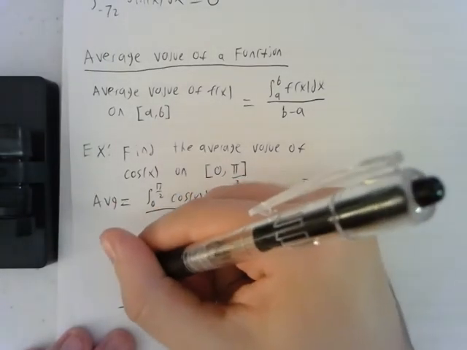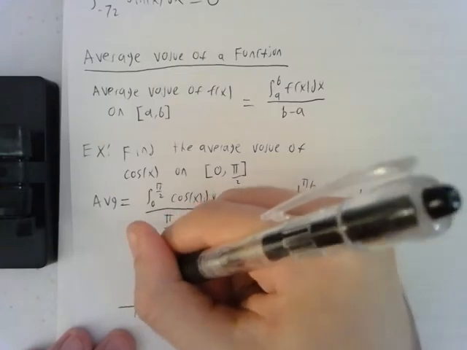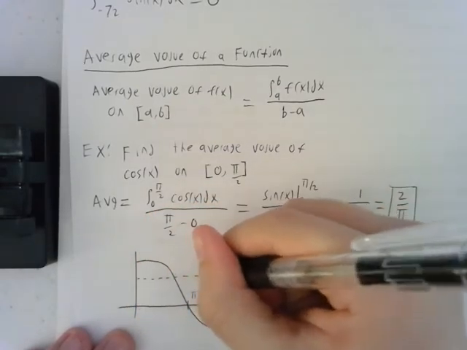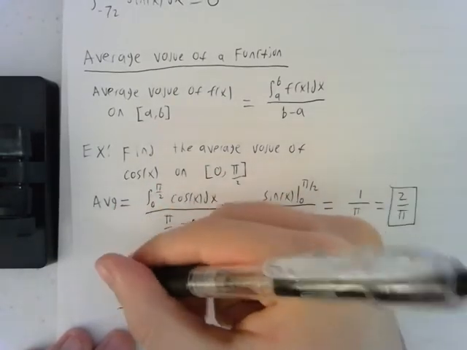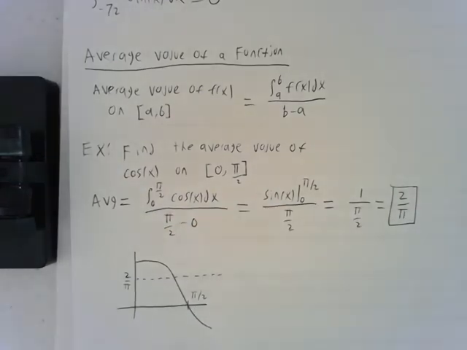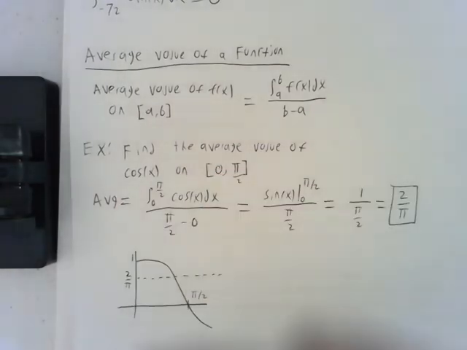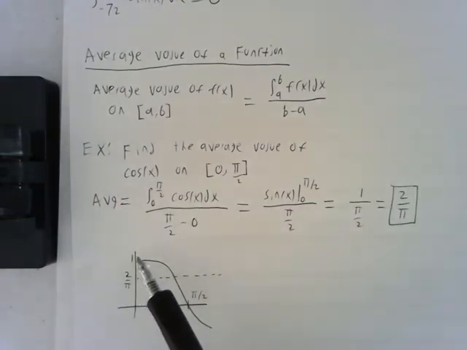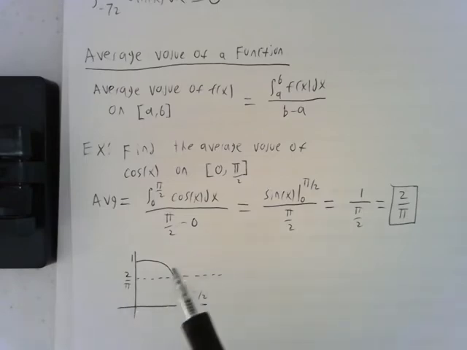So the average value of the function lies somewhere up here. You might think that because it goes up to a height of 1, the average value should be like 1/2, but it's actually not, because of the way the cosine function is shaped. There are more values that are closer to 1 than there are close to 0, so it ends up being a higher average.